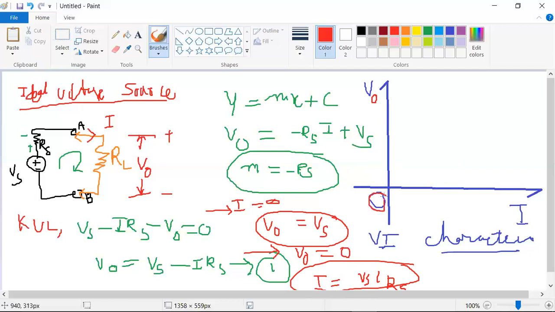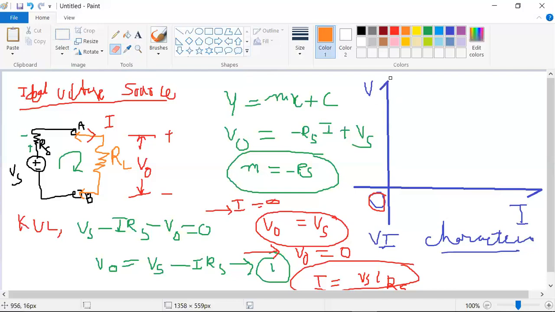In case 1, current is 0, then V naught is equal to Vs. This is Vs. This is not exactly V naught; it is only voltage, and it becomes Vs or V naught.